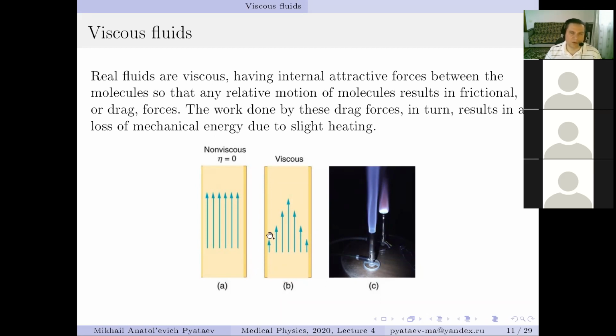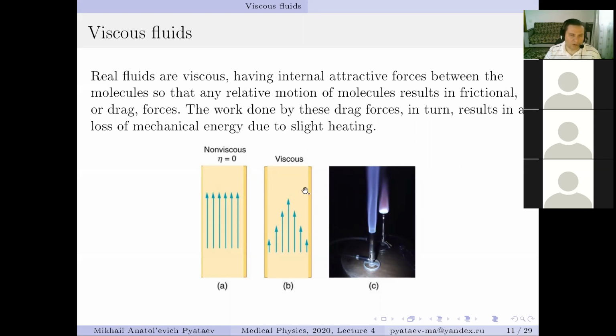In the layer in contact with the wall, the speed of particles should be equal to the speed of the wall, which is zero.